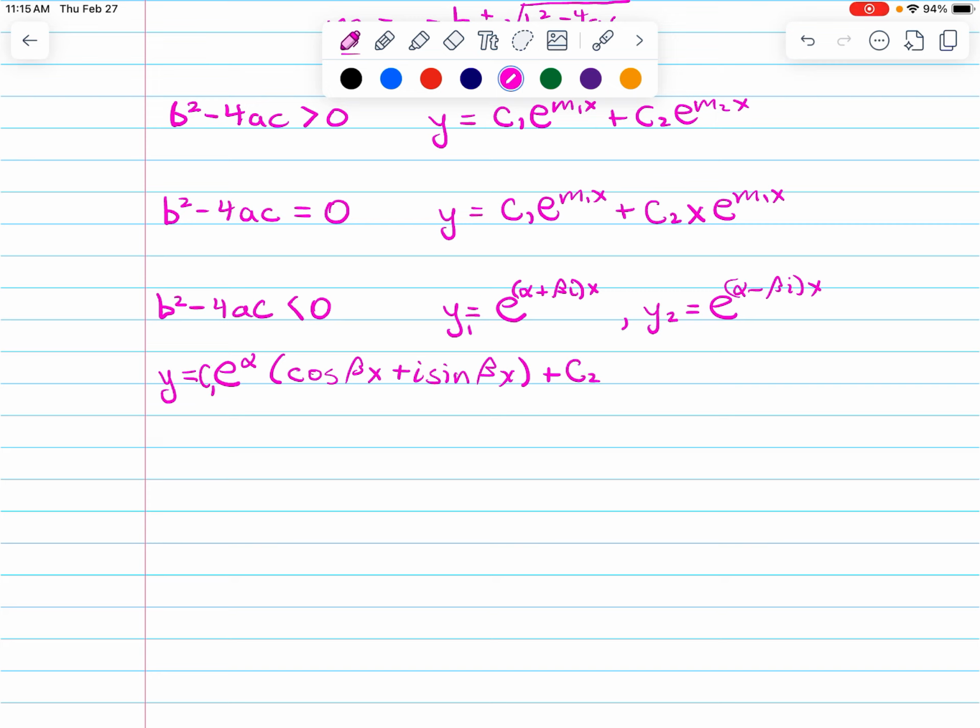Over here is C2, and we get e to the alpha, and then this would be cosine beta x minus i sine beta x. There's what we got. And you can go back and fill in the gaps here if there are some gaps.